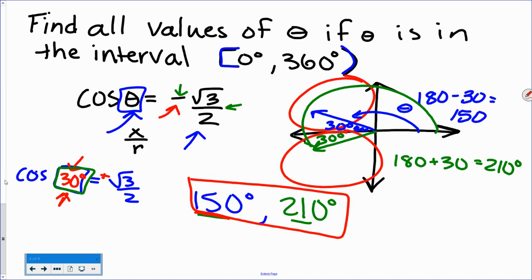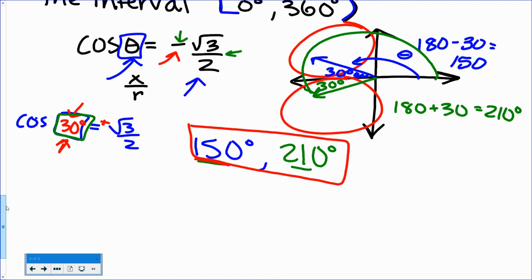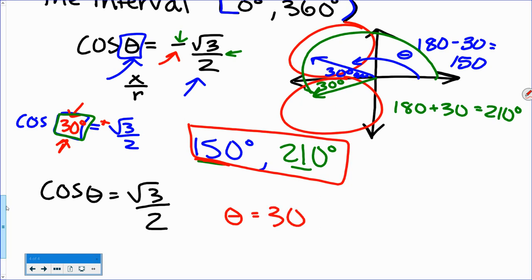That makes sense. So maybe I'll do one more similar to what we just talked about. If I said, find them all for cosine of theta is the square root of 3 over 2, there are going to be two quadrants where that's true. We know our reference angle is 30 degrees. So yes, theta would be 30 degrees, but there will also be another one. A lot of students, when they see that, tell me 30 degrees and they're done.